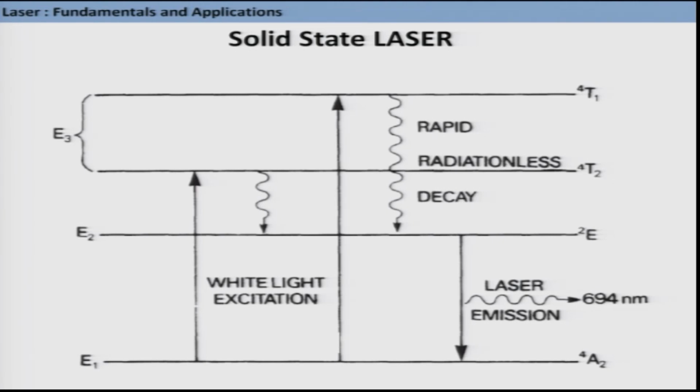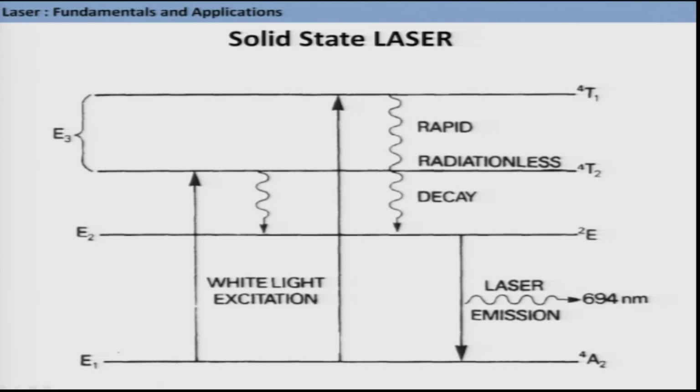So what happens during this optical excitation? On your screen you can see the energy level diagram for this ruby, the chromium sitting in the alumina matrix. There are certain term symbols provided here. Right now you don't need to worry about the particular term symbol.